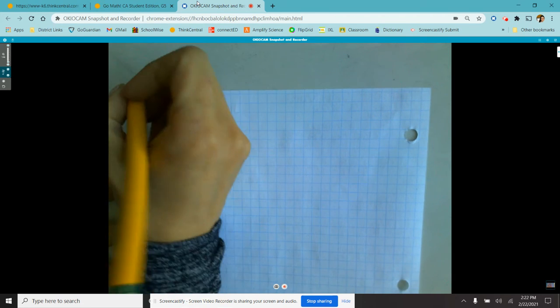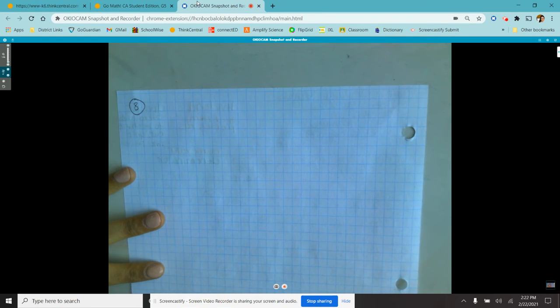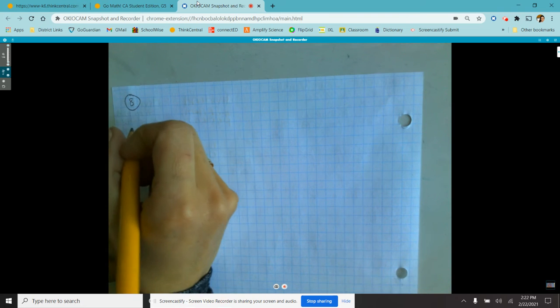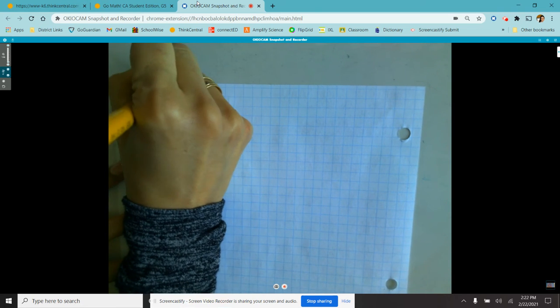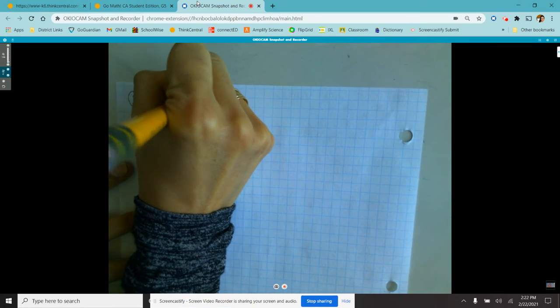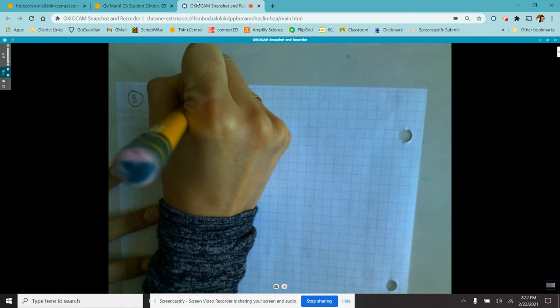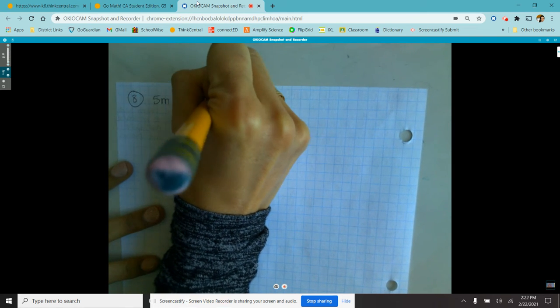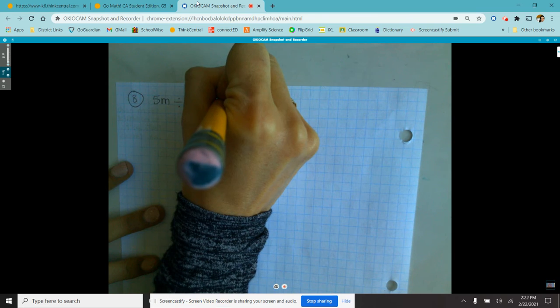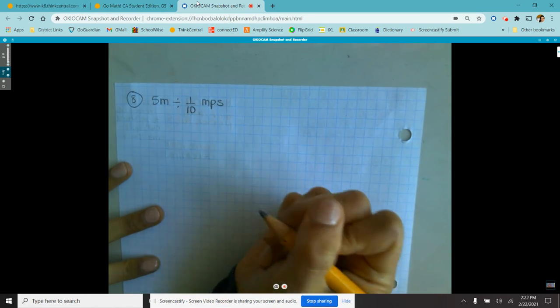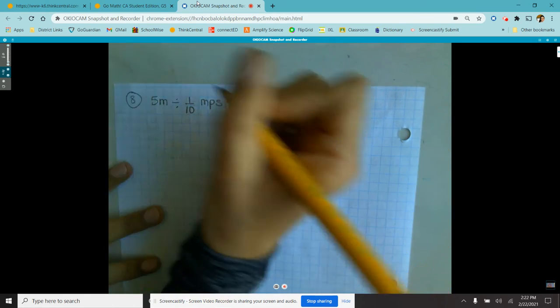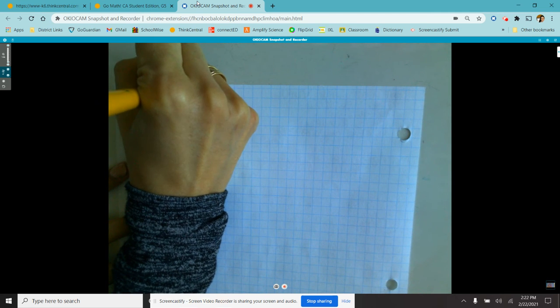So number 8, our turtle has 5 meters, and we're splitting up the 5 meters to 1/10 meters per second, if I'm not mistaken. That's the rate. And this is a physics question or formula, by the way.